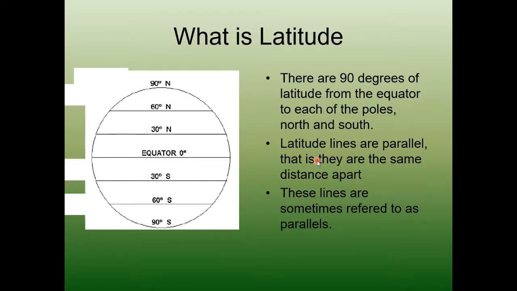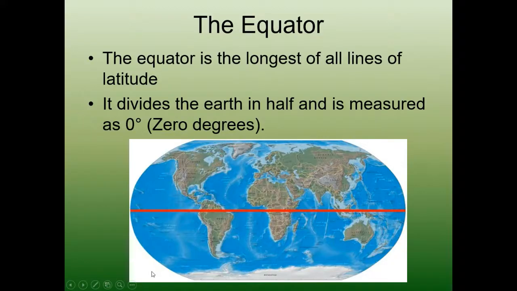The equator, of course, is the longest of all lines of latitude because it goes across the globe at the widest point. It divides the Earth in half and is measured as 0 degrees.